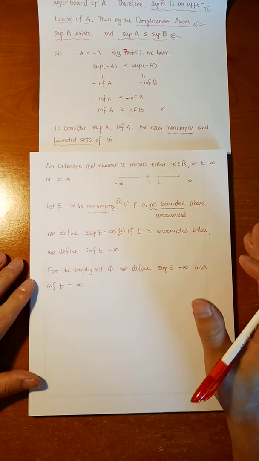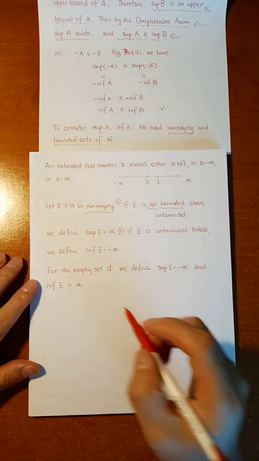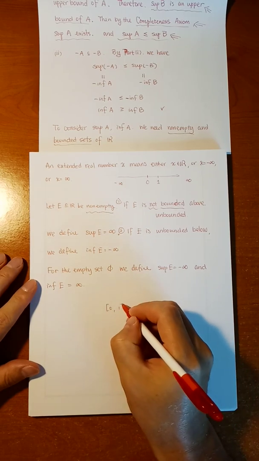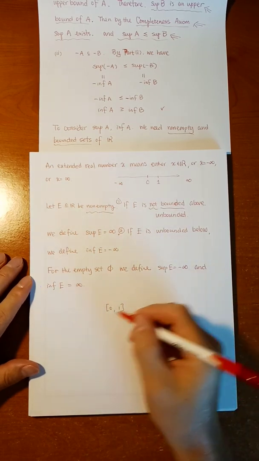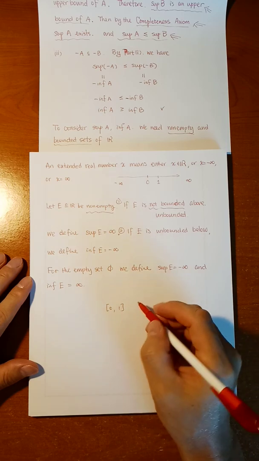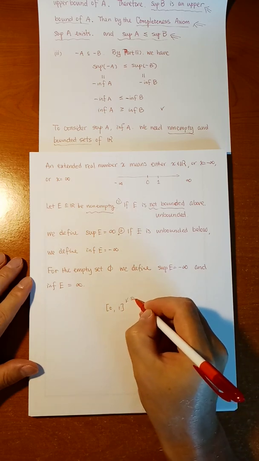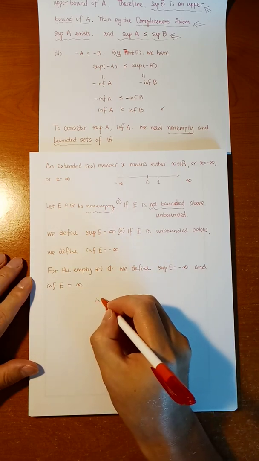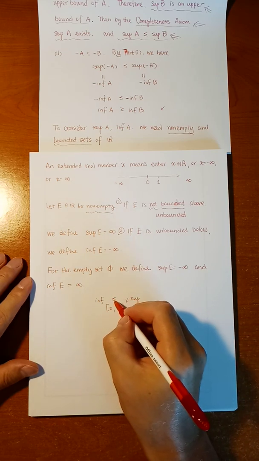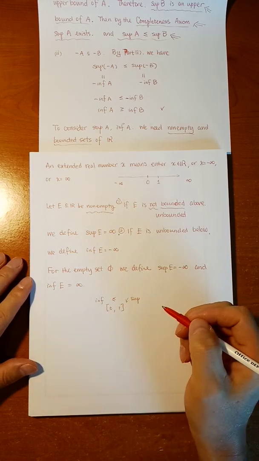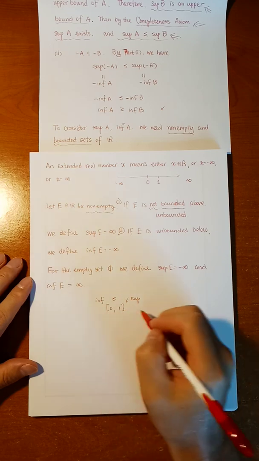Because in the common sense, for a subset, the interval 0, 1, this is the supremum, this is the infimum. At least we know that the supremum is greater than or equal to the infimum. This is for a non-empty set.